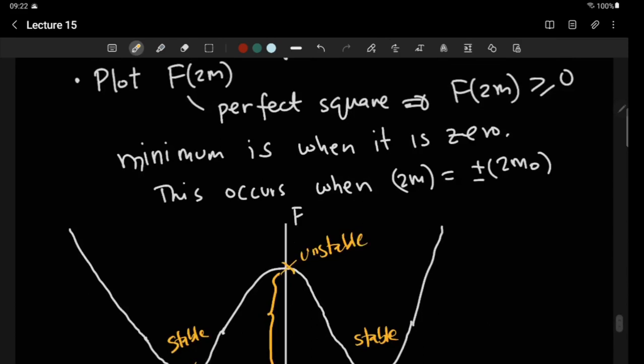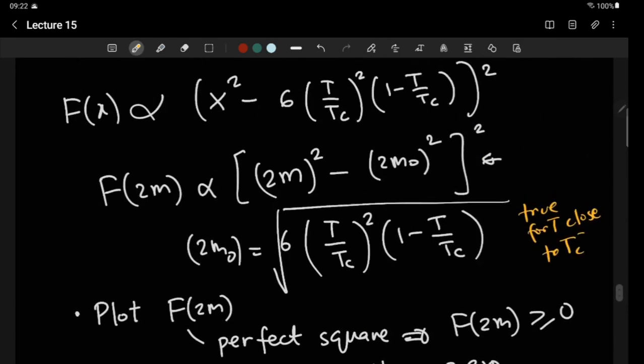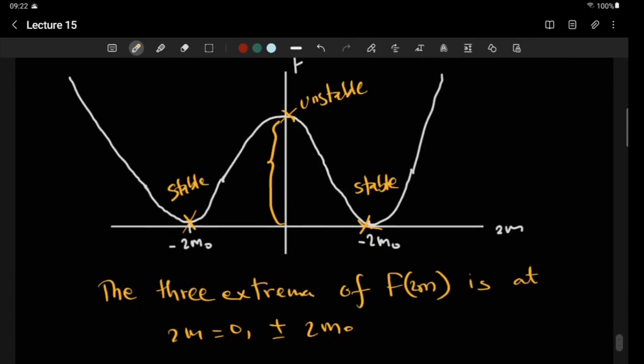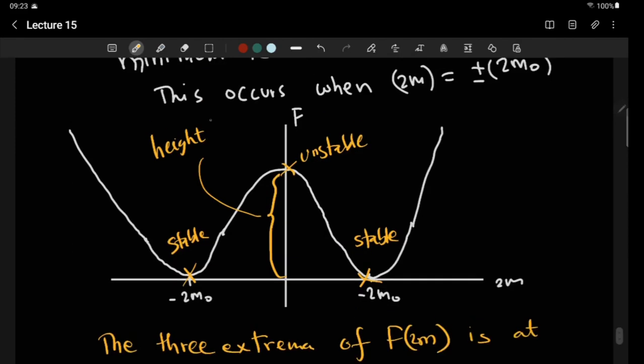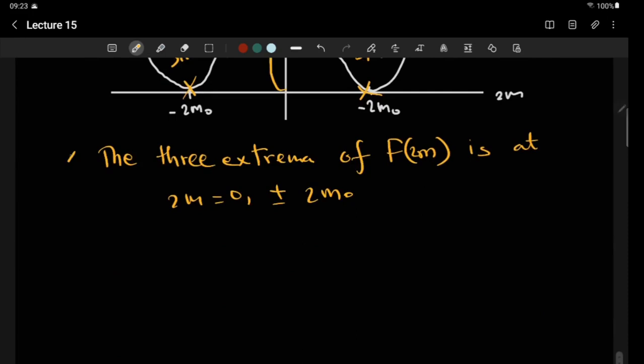We just saw that it was proportional to 2m naught power 4, which goes like 1 minus t by tc whole square, because m naught goes like the square root of that, so you take its fourth power.